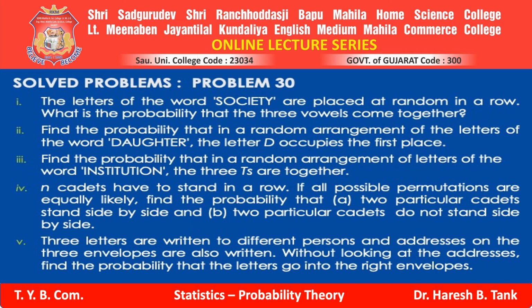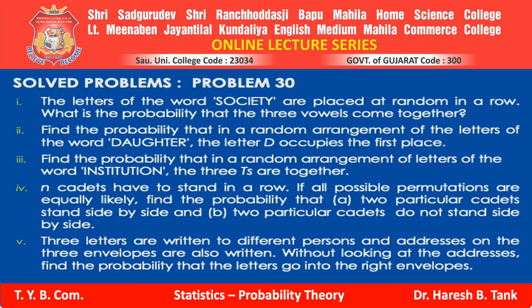Fourth one, N cadets have to stand in a row. If all permutations are equally likely, find the probability that, first one, 2 particular cadets stand side by side. Within that, another example is 2 particular cadets do not stand side by side.